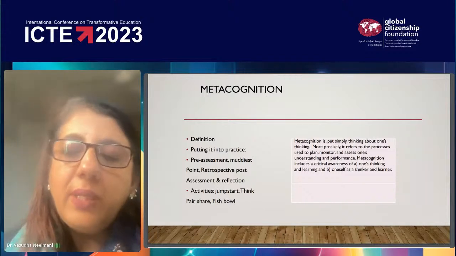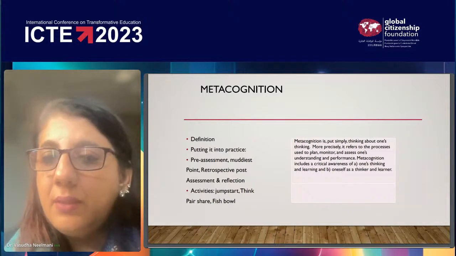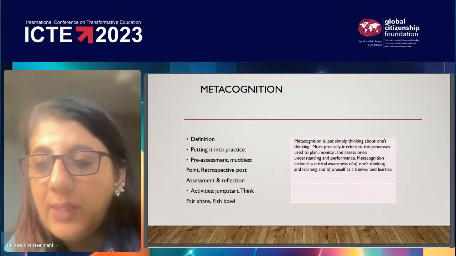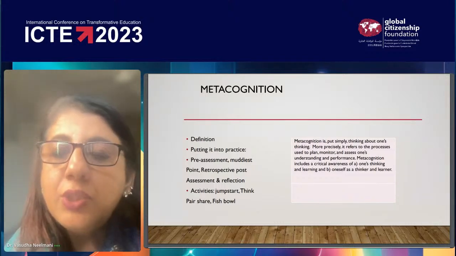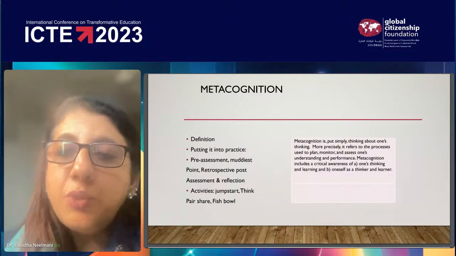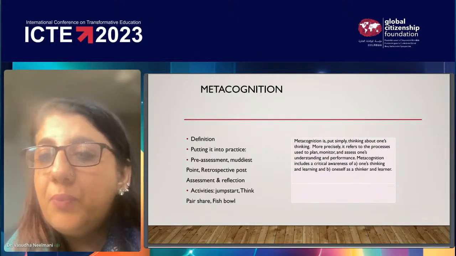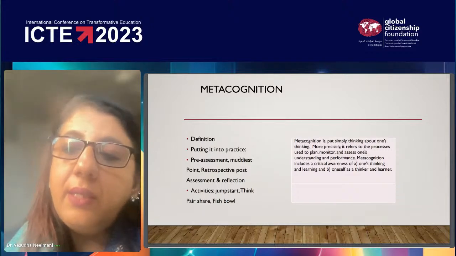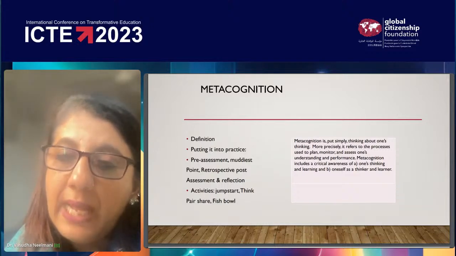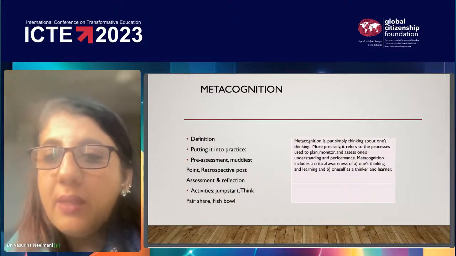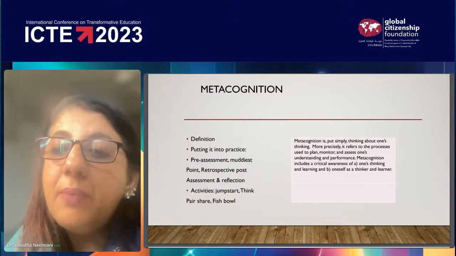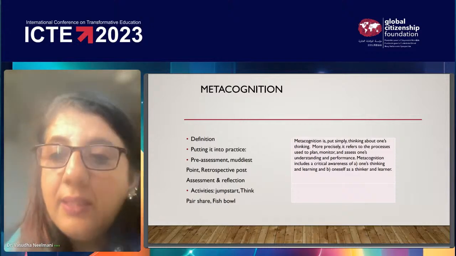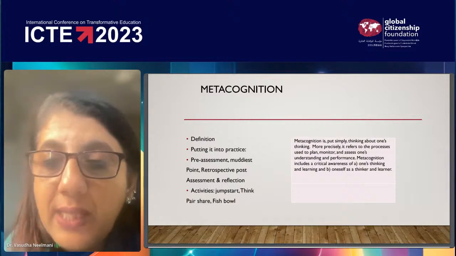So, when we are talking about metacognition, it is, thank you, regulating one's thought process, being aware of our own thoughts beyond understanding. It is the process where we are able to plan, to monitor, and to assess our own understanding and performance about how we are learning. What are our strengths in learning?